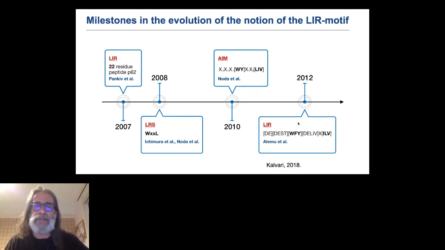In all cases, the common denominator is some conserved positions bearing an aromatic residue and a hydrophobic residue spaced regularly in the sequence. Regular expression-based detection of these motifs can be very sensitive, but at the same time can yield many false positives due to the degeneracy of the motif.